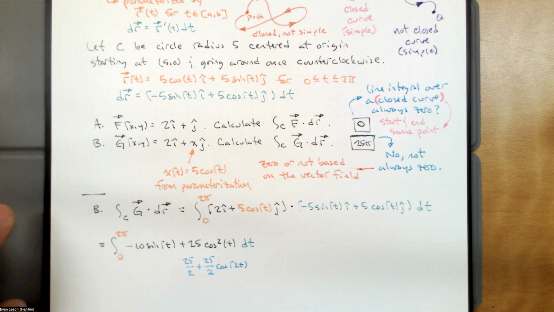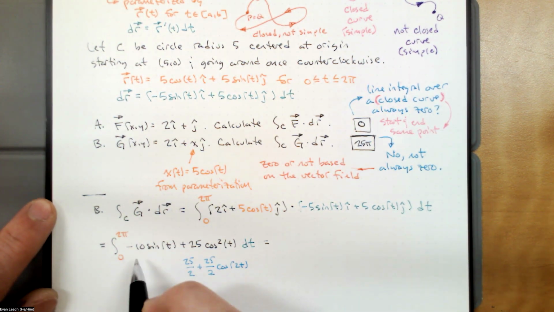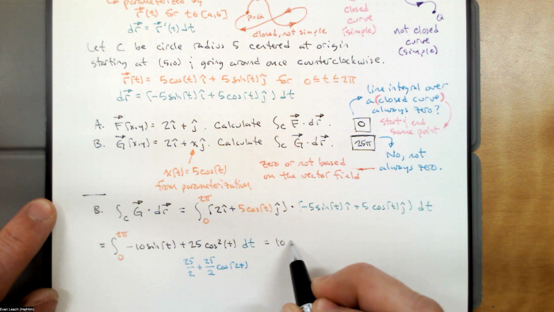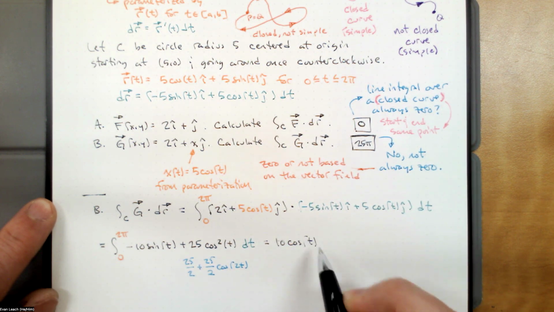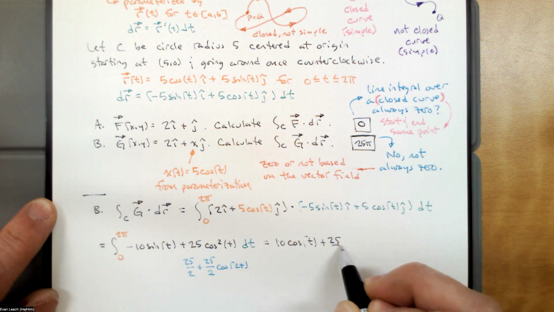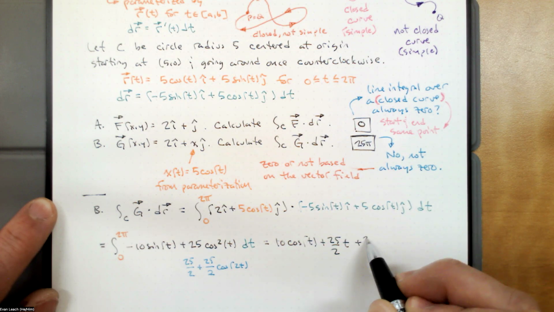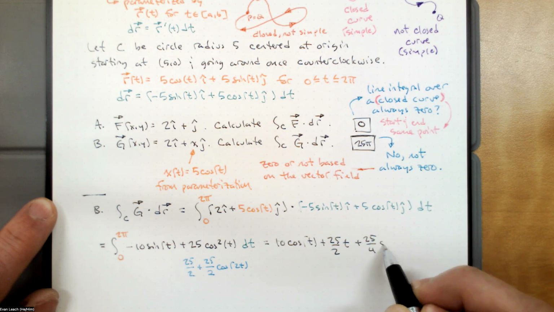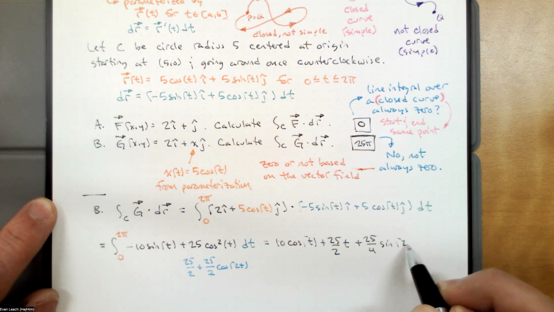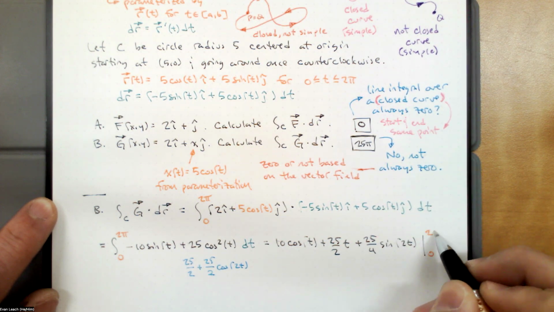So from the -10 sine of t, the integral is going to be 10 cosine of t plus 25 halves t plus 25 over 4 sine of 2t. And we're still going from 0 to 2 pi.